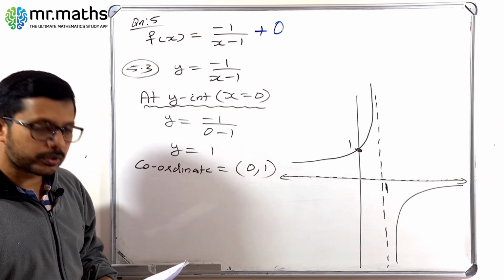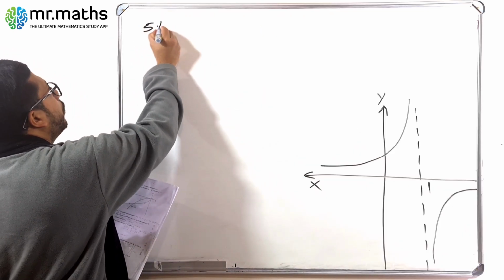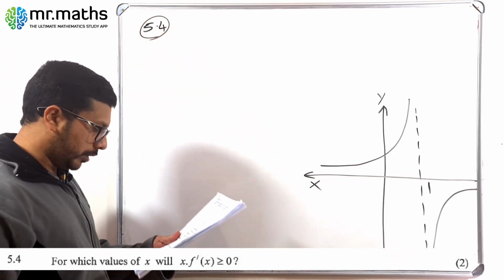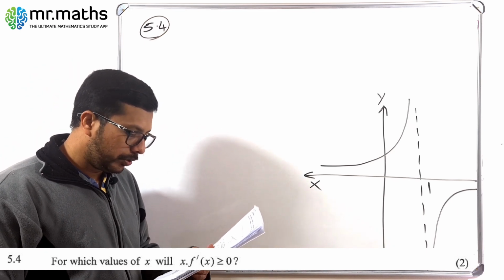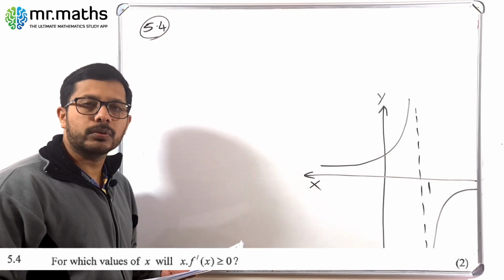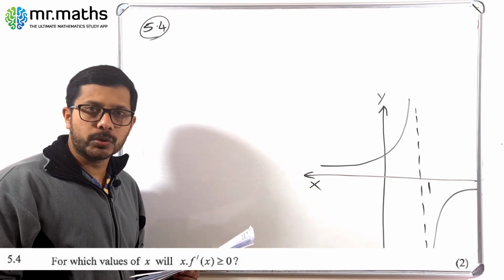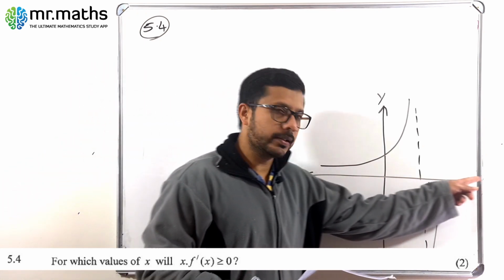Now next, question number 5.4. What is that question? For which values of x will x times f dash of x be greater than or equal to 0? You have to find the values of x. Where is our x? This is the x-axis, am I right?